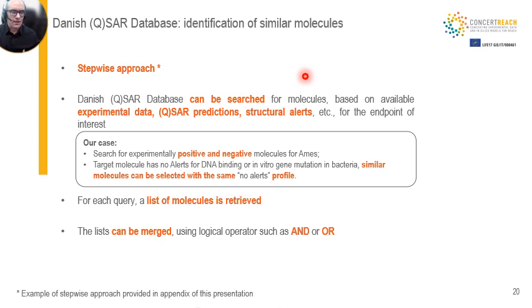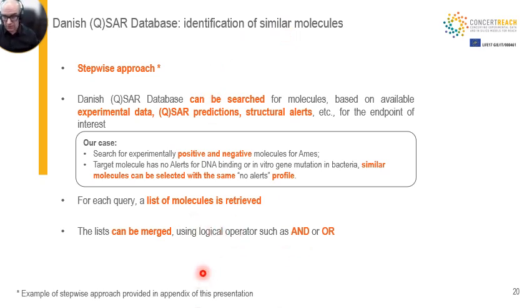And since our target molecule has no alert for DNA binding or for in vitro gene mutation from this toolbox profiler, we also want to identify molecules with the same no alerts profile to somehow account for mechanistic similarity.